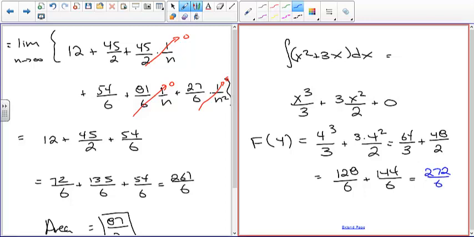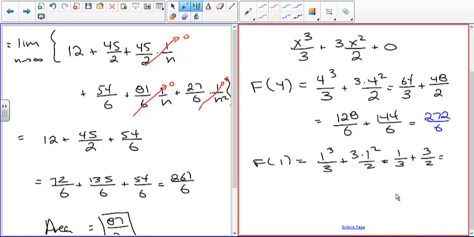272 over 6. Okay, now if we evaluate the antiderivative of 1, we get 1 cubed over 3 plus 3 times 1 squared over 2. So that's 1/3 plus 3/2 in terms of sixths. That's going to be 2/6 plus 9/6.